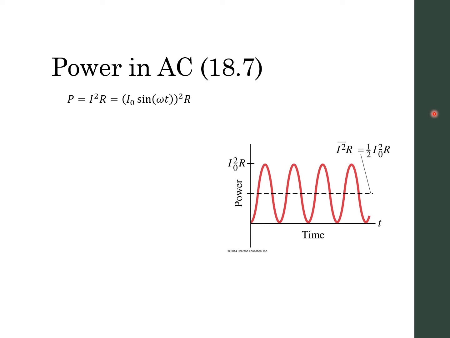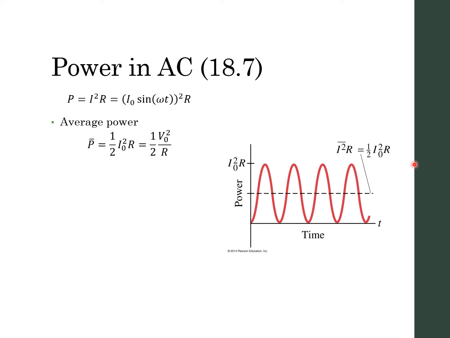And so for that, I can instead use the average power, which turns out to be half of my peak current squared.